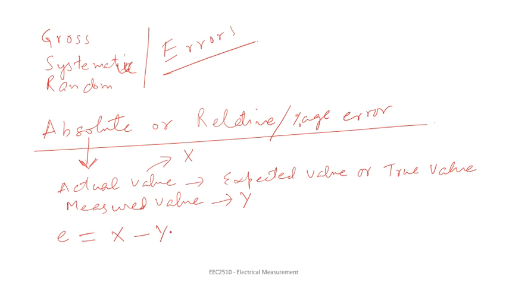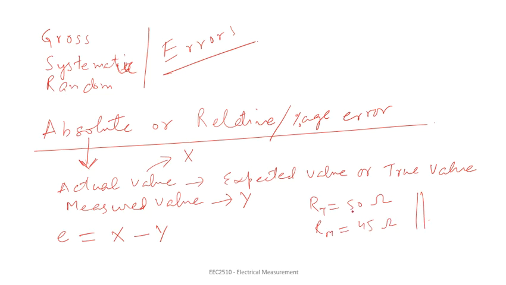Let's suppose you take the case of a resistance and its true value is 50 ohm, and when we measure it, we get something around 45 ohm.